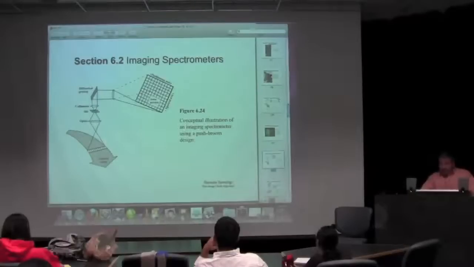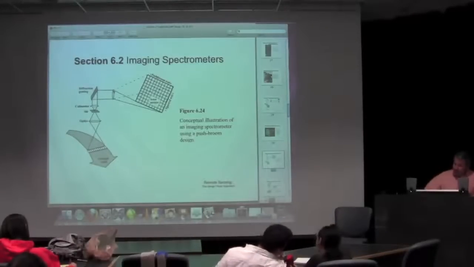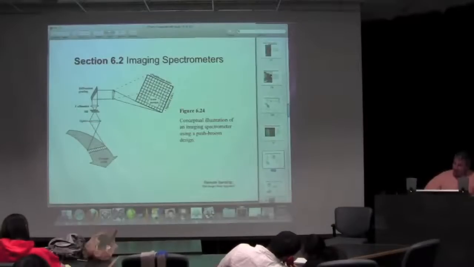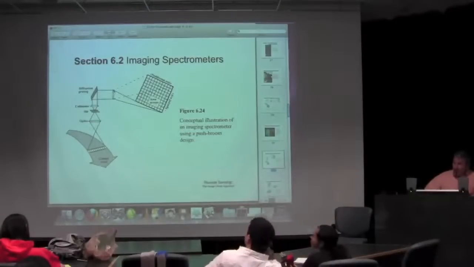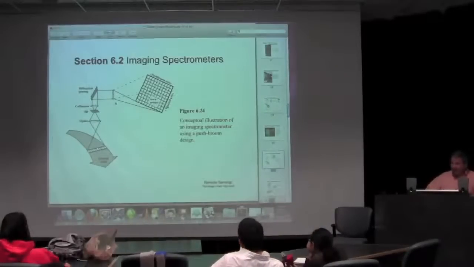All right, now, same as we did before, we're going to then take the image of that slit, collimate it, and disperse the spectral data in some way, whether that be a diffraction grating or a prism. Now, if you then go ahead and take the image of that collimated slit and refocus it, right?